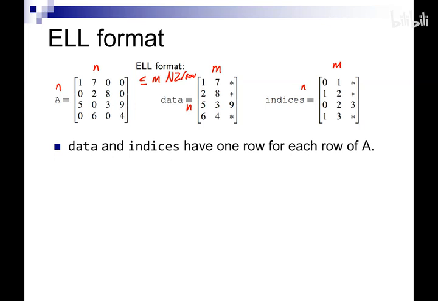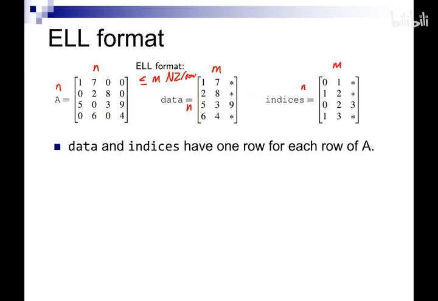The data matrix stores exactly the non-zeros of A in each row of A. And it stores them in a left-justified manner, meaning that you push these non-zeros as far to the left as possible.